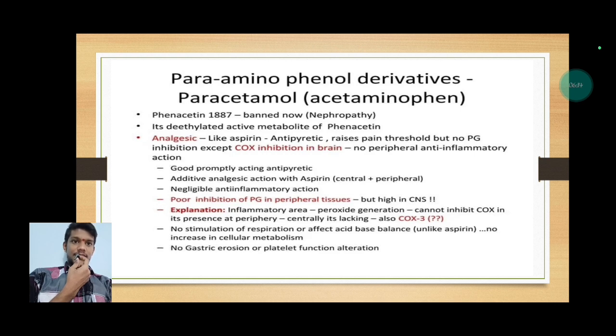It has negligible anti-inflammatory action, and poor inhibition of prostaglandin in peripheral tissue but high in the CNS. Explanation: why is there poor inhibition of prostaglandin in peripheral tissue but high in the CNS? In the inflamed area peroxide generation happens, so it cannot inhibit COX in the presence of peroxide in the periphery, but centrally peroxide is lacking, so it has COX inhibition in the brain, which is also known as COX-3.